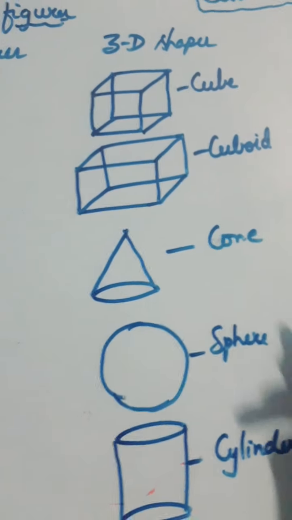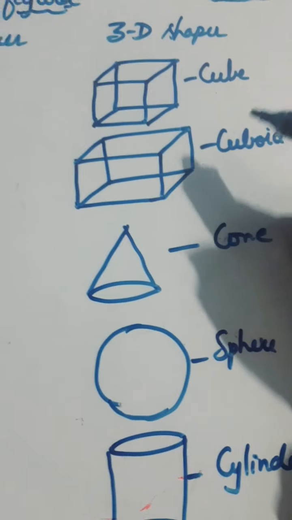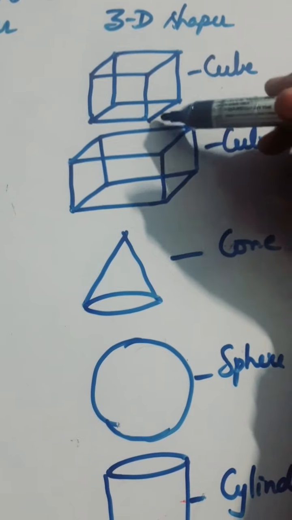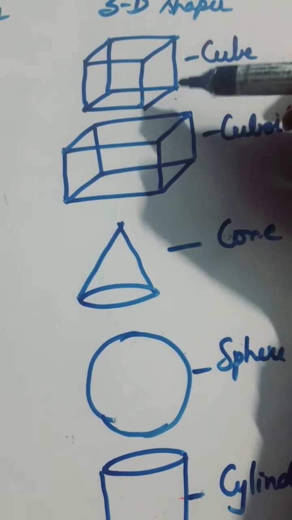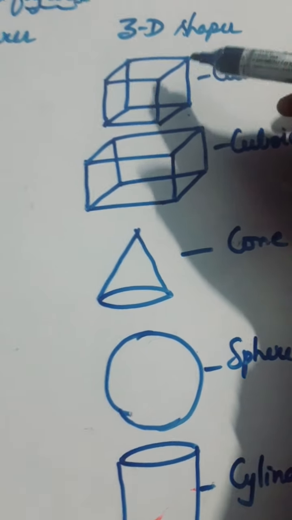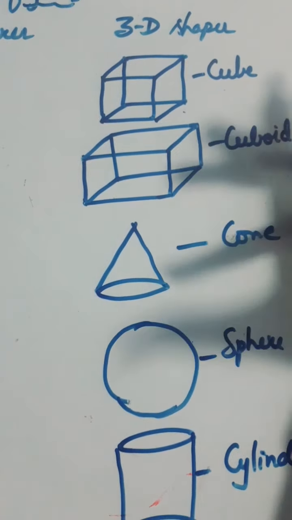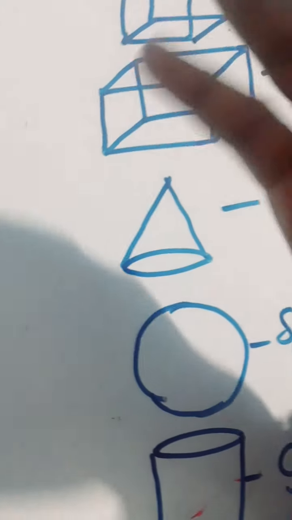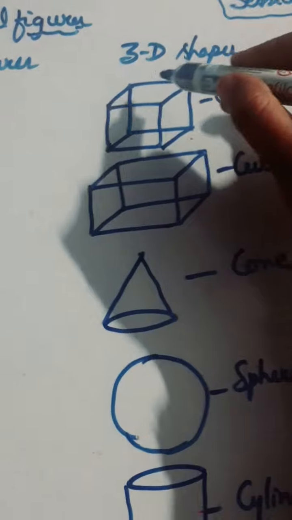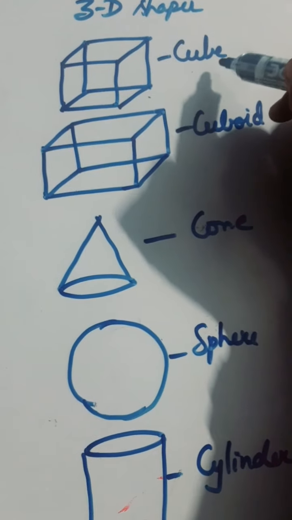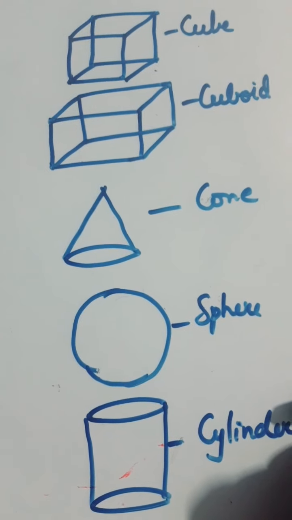Whereas, coming to 3D shapes, these are the solids, children, where they have not only length and breadth, but also height. These 3D shapes cannot be drawn on the plane, but they can be taken in space. They are in space, children. So they are called 3D shapes. For example, cube, cuboid, cone, sphere and cylinder.